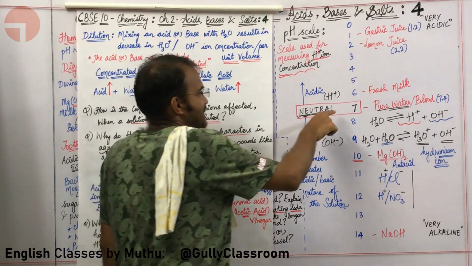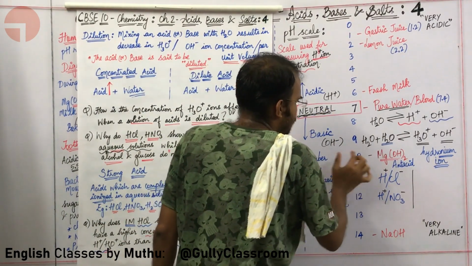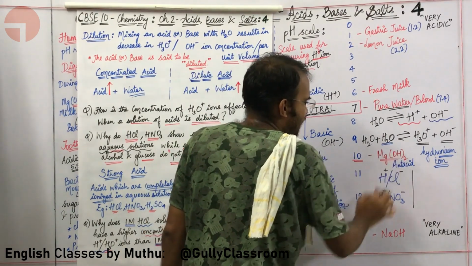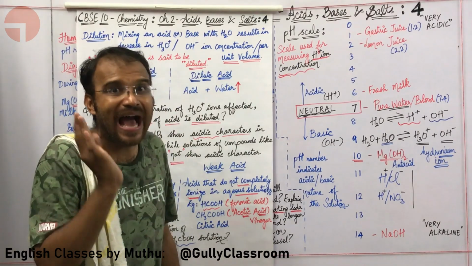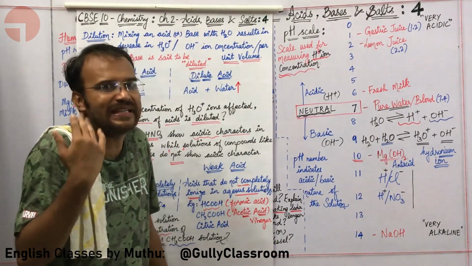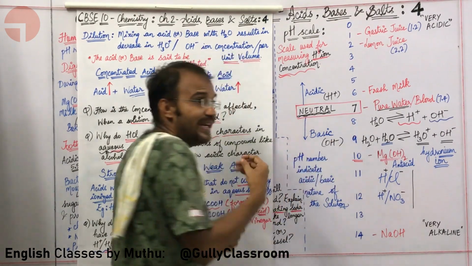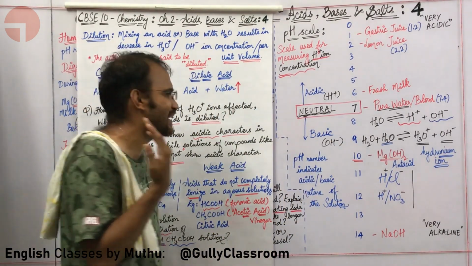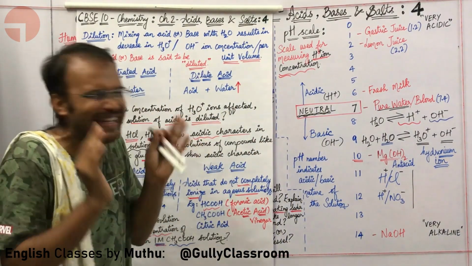Okay sir, let us increase the pH value. What about a pH value of 10? Magnesium hydroxide has a pH value of 10. It is alkaline. How much is it alkaline? A pH of 8 can be treated as slightly alkaline, and a pH of 10 as decently alkaline.